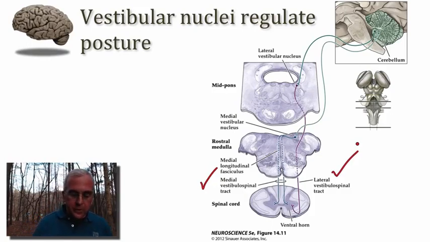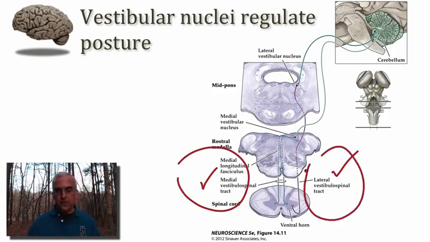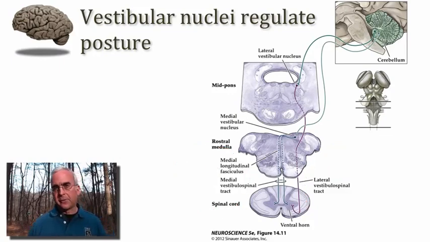So I want you to recognize when we get into our unit on motor control that both the medial and the lateral vestibulospinal tract are concerned with postural control, and they will innervate the medial part of the ventral horn of the spinal cord. So we'll come back to that point, but for now, I just want you to know these terms, medial vestibulospinal tract and lateral vestibulospinal tract.